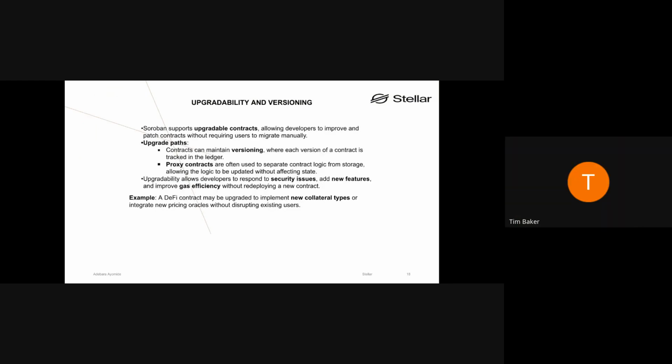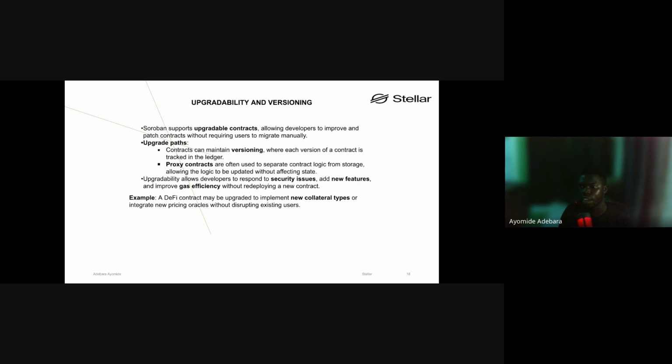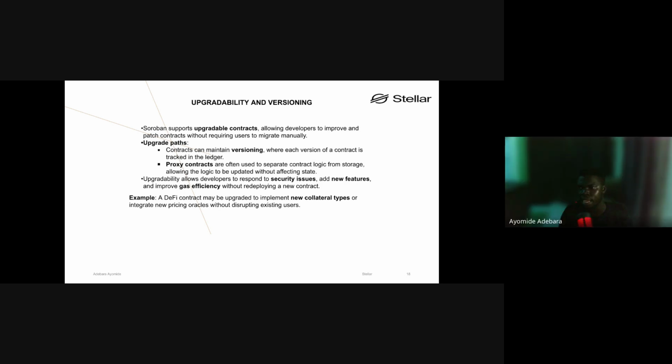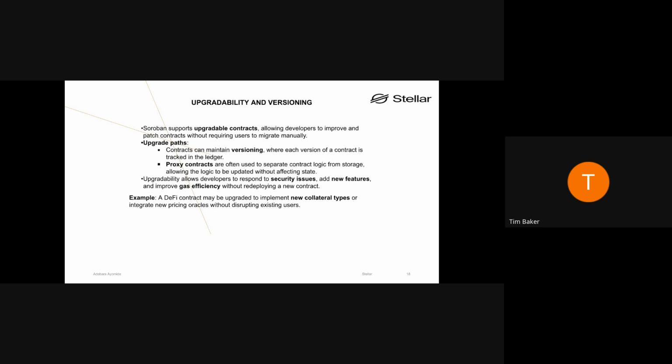There's somebody asking again about Soroban Studio. No, I thought I clarified that. Oh, okay. So was it Okashi? Or is Soroban Studio separate? Oh, no, okay, Okashi.